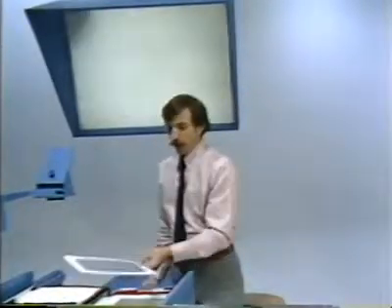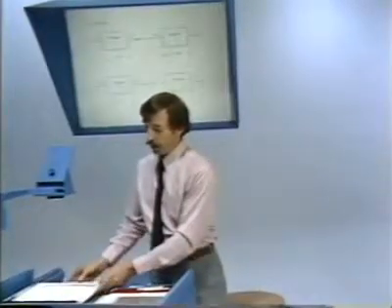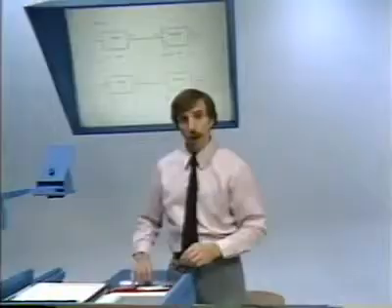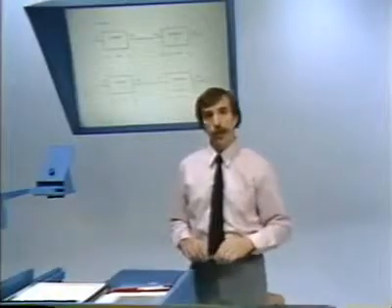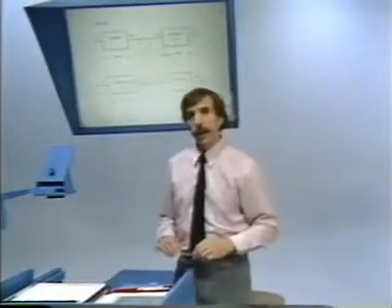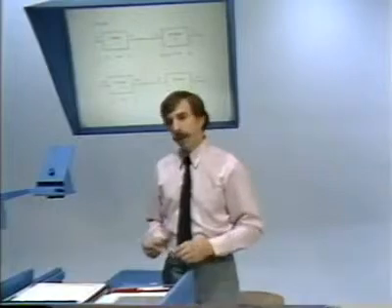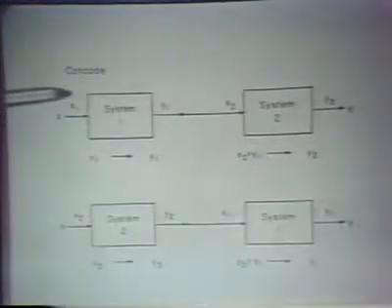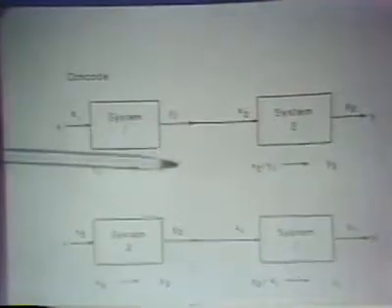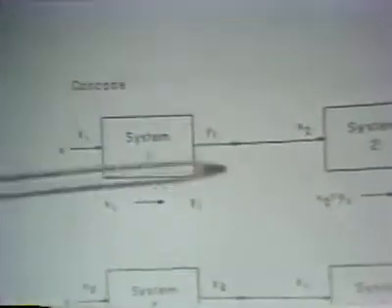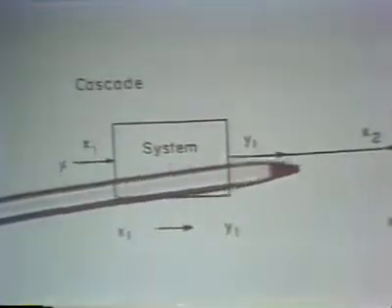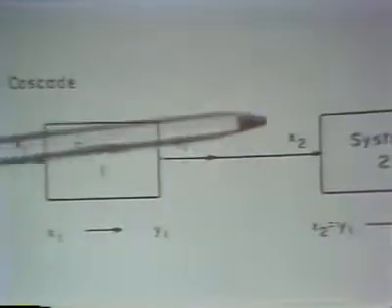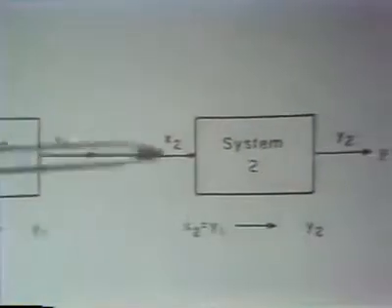The first is what's referred to as a cascade of systems, or sometimes as a series interconnection of systems. And putting two systems in cascade, as I've indicated here, means taking the output of one system, let's say system 1, and using that as the input to the second system, which I've denoted as system 2.